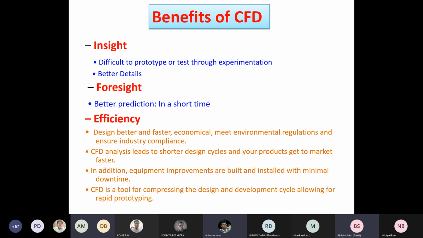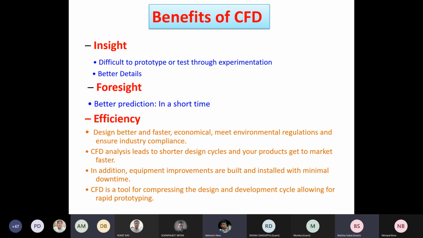You just design it, but no one knows the internal picture. Even with experimental probes, it is difficult to get a detailed picture of the internal dynamics of a reactor. But with proper CFD analysis, you can get the temperature, velocity and species concentration at each point inside the reactor.